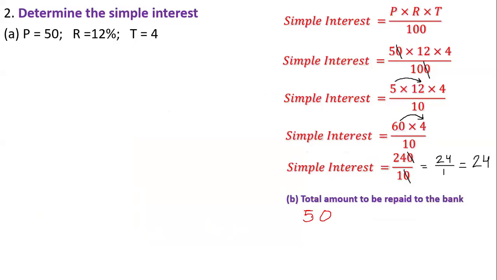You have to pay the bank back their money, plus what? Plus 24. And 50 plus 24 gives us 74. So that's our answer, $74. That's the amount that we repaid to the bank. All right, so that's it.